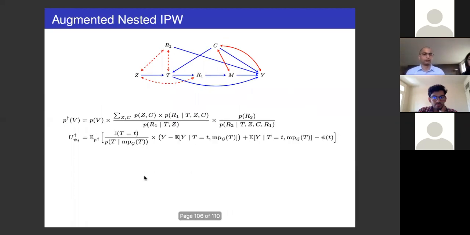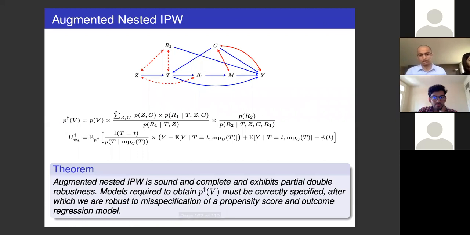Finally, the cool thing is, notice that we said that T is a-fixable. Anytime T is a-fixable in any distribution that you've arrived at, you can always rely on an augmented IPW style estimator. Here's the augmented IPW style estimator, except again, the expectation is taken with respect to the P dagger that we arrived at. We call this augmented nested IPW. This theorem says that it's sound and complete and exhibits what we call partial double robustness.